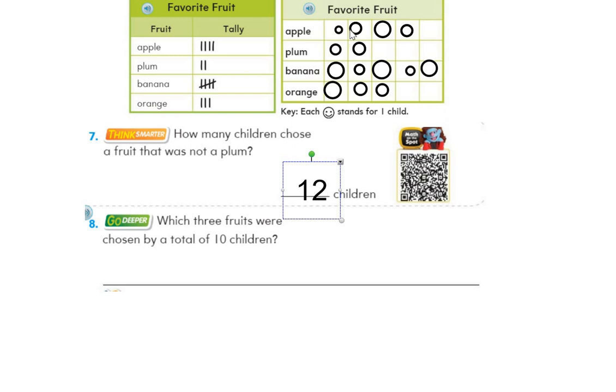Which 3 fruits were chosen by a total of 10 children? If we add plum, we could take these 2 down here to fill in here, and that would give us oranges, bananas, and plums chosen by a total of 10, because we have 3 plus 2, which is 5, and 5 plus 5, which is 10.